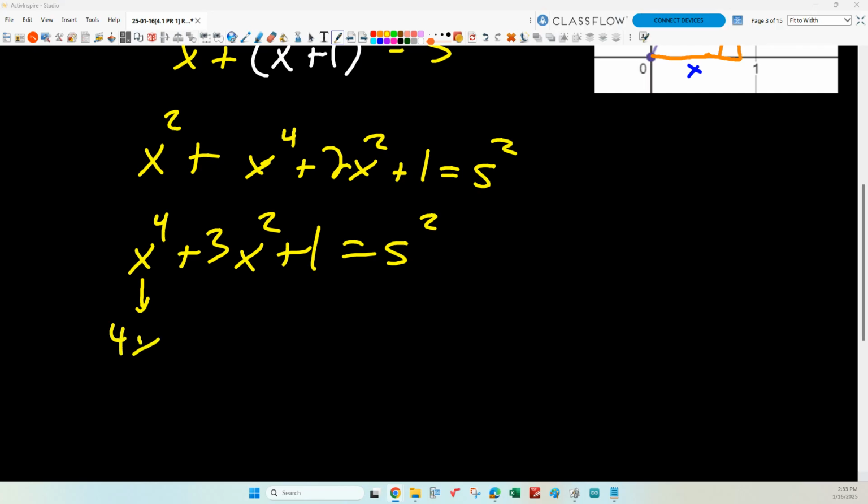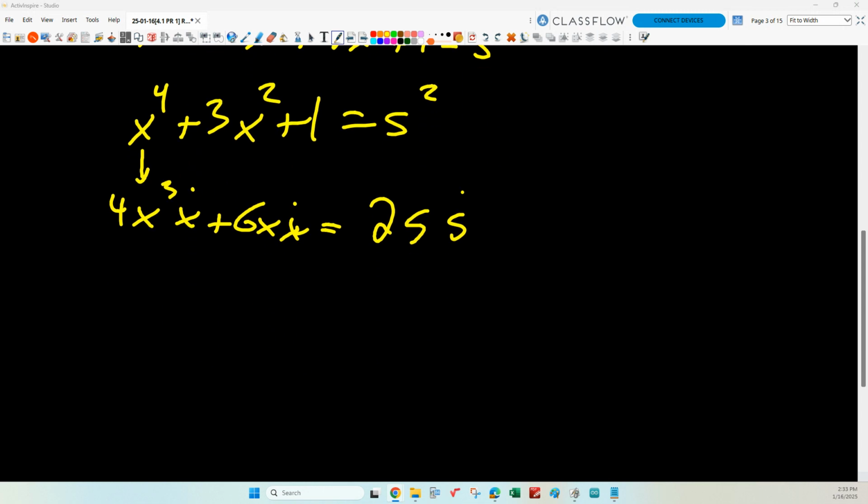So 4x to the 3rd x dot plus... so we could divide each side by 2 and factor out an x dot, right? And then I just get 2x cubed plus 3x x dot equals s dot, right?